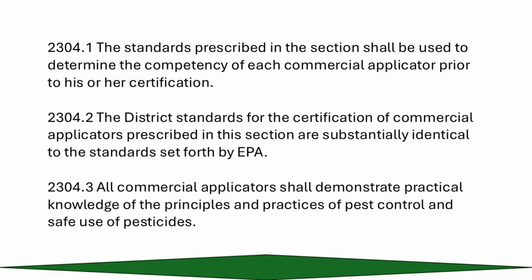The district standards for the certification of commercial applicators prescribed in this section are substantially identical to the standards set forth by the EPA. 2304.3. All commercial applicators shall demonstrate practical knowledge of the principles and practices of pest control and safe use of pesticides.